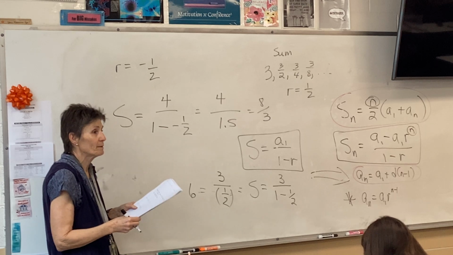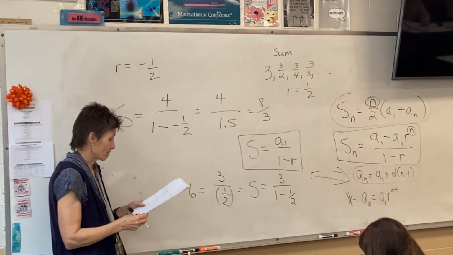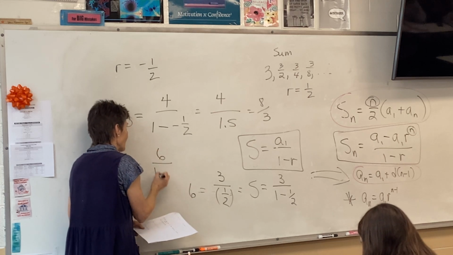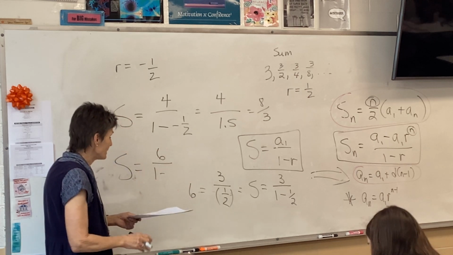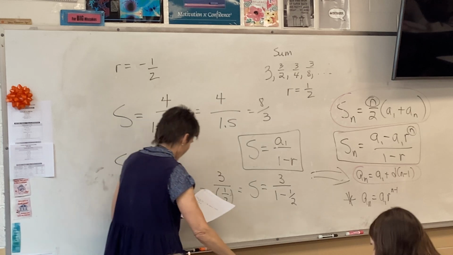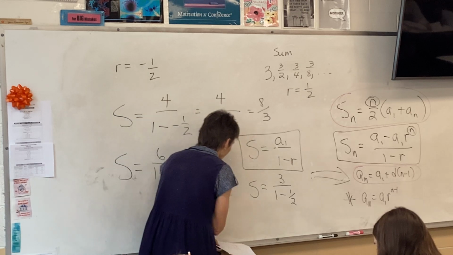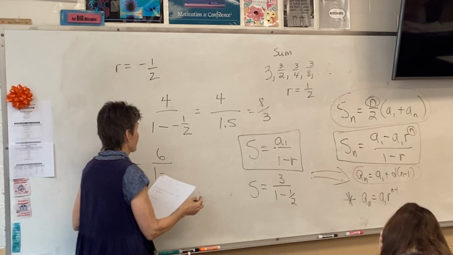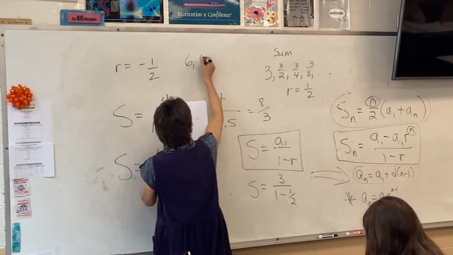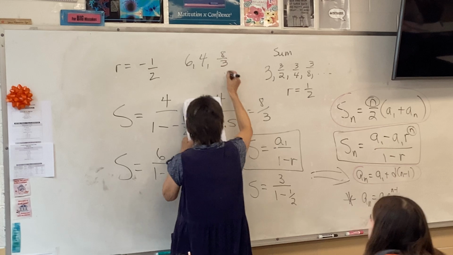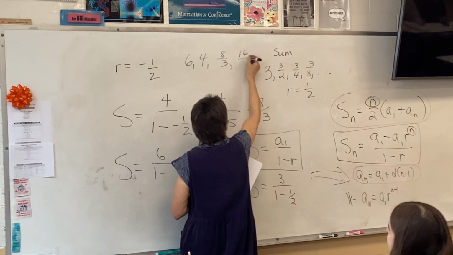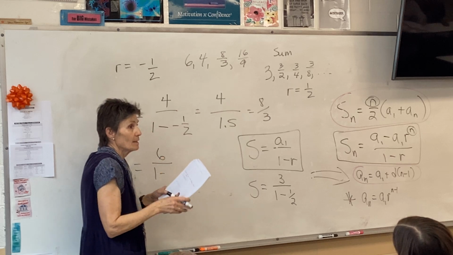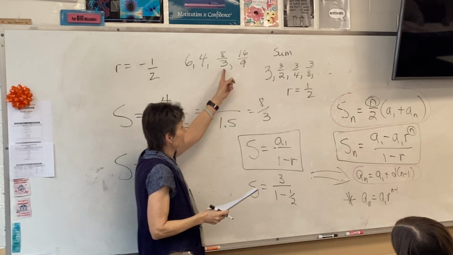One more and we'll be done for the day. First term is 6, I need my ratio. What is my ratio in problem C? I think it's really easy to see right here.